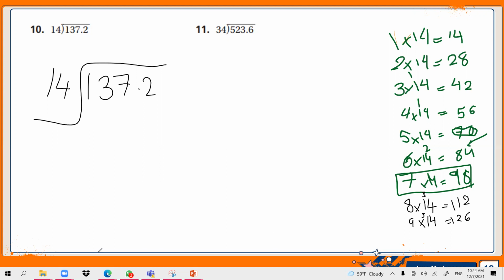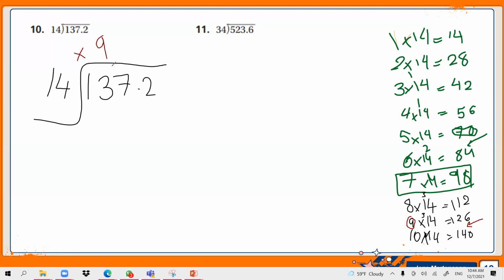And 10 times 14 is 140. So 137, it's between which two numbers? Bravo. Now 126, is this less than 137? So what is the number that you multiply by 14 to get 126? 9. Bravo. So you start here with 9.